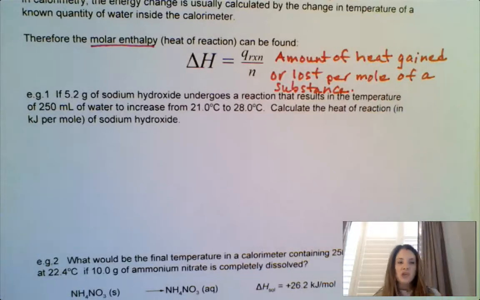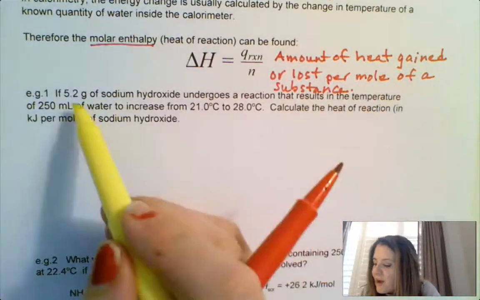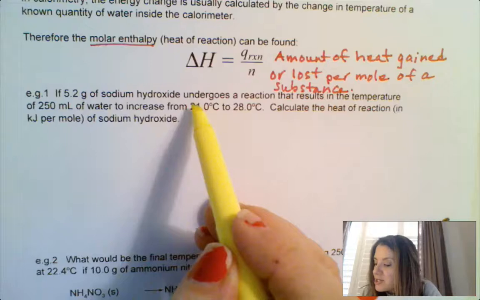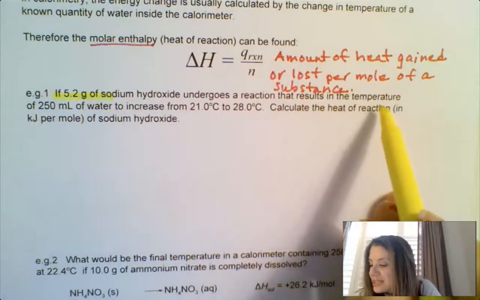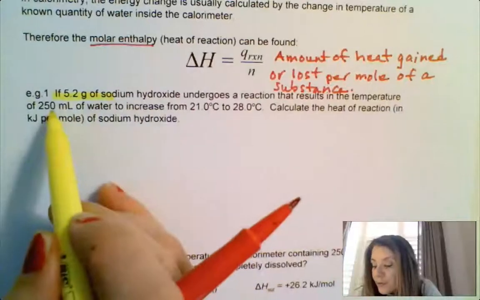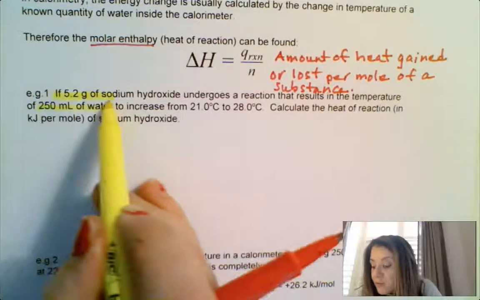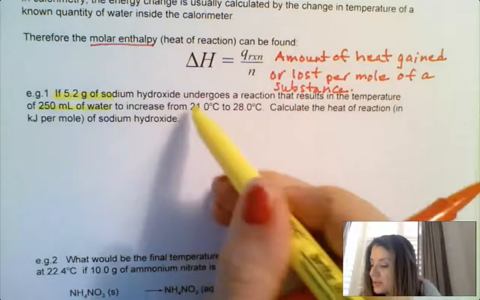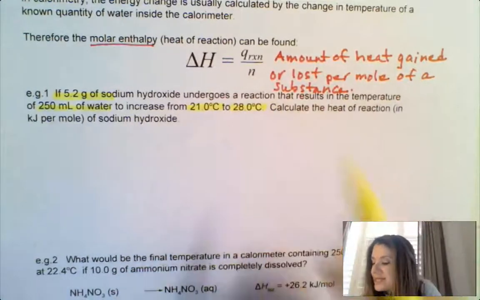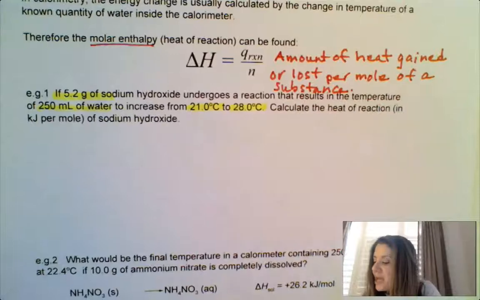In this first question, they tell you that you have 5.2 grams of sodium hydroxide, and that undergoes a reaction with 250 milliliters of water, and the water temperature increases from 21 degrees Celsius to 28 degrees Celsius.